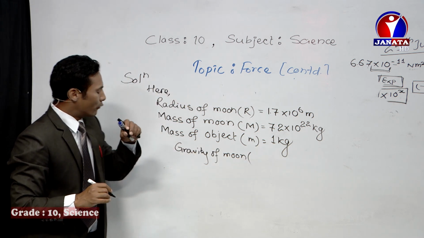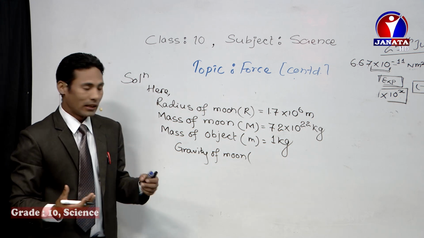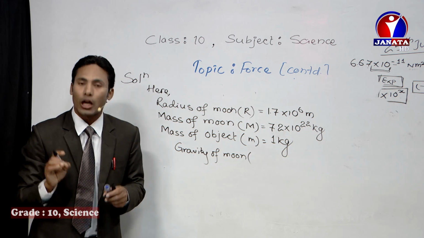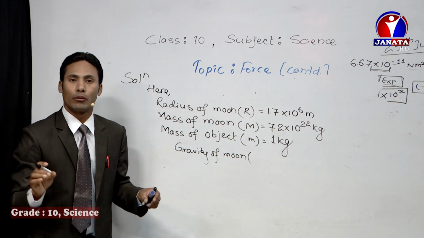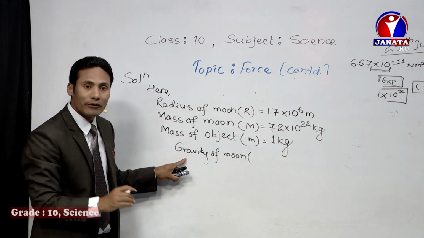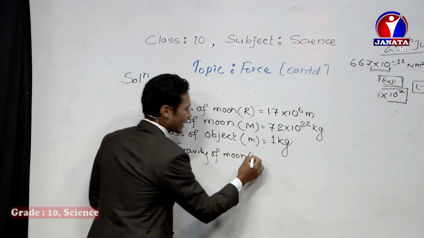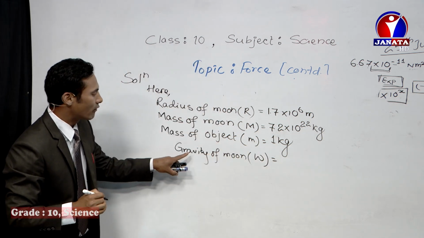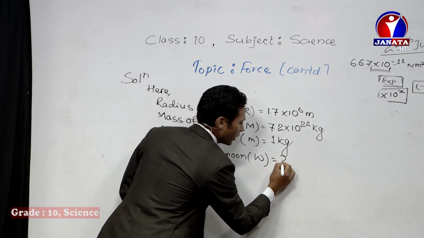Whenever we represent this gravity, we may get confused here. Gravity is not small g. It is W, or we can also write force, but the specific one is W. So let's not forget, it is capital W. This we need to calculate.